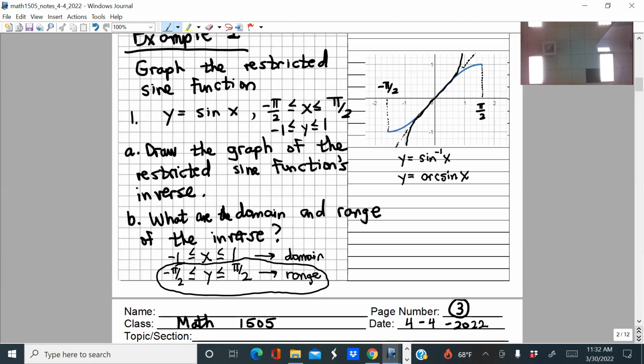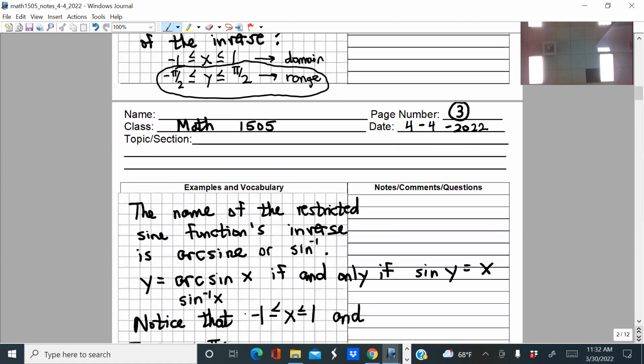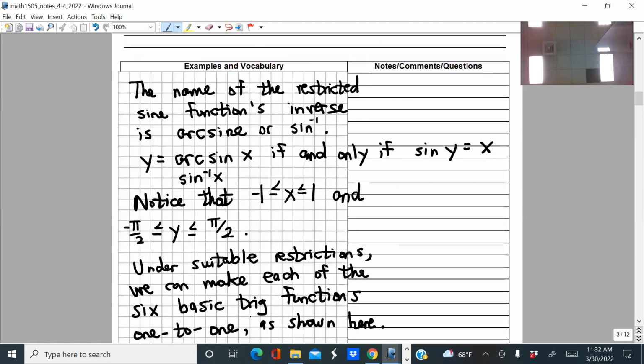Remember, the inverse is opposite of the original. So for the inverse, you put a number in, you get an angle out. For the sine function, you put an angle in, you get a number out. For the inverse, it's opposite. You put a number in, you get an angle out. So here's what I just said in a mathematical statement. If you write y equals arc sine of x or y equals sine inverse of x, these two mean the same thing.